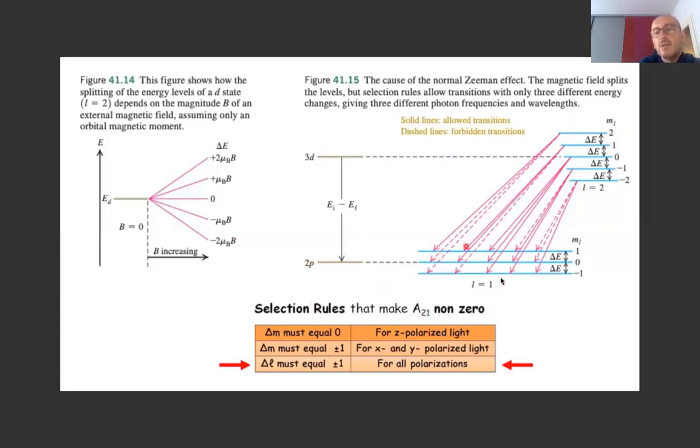You just have to account for all the arrows and possibilities here, and if you have something like this, you can actually predict what are the most intense lines, and it has to do with the number of arrows that you can actually draw. These are only one arrow, a complete arrow. The dotted lines are forbidden ones. This has 2 arrows, so if I plot the intensity of the transition as a function of the energy difference or the wavelength difference, the most intense line will be this one over here.